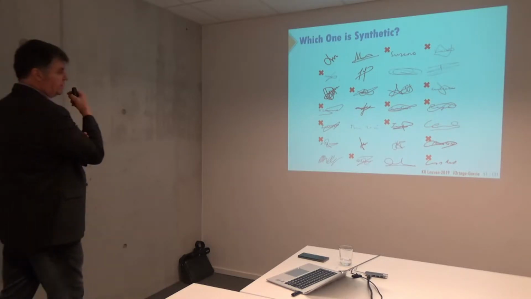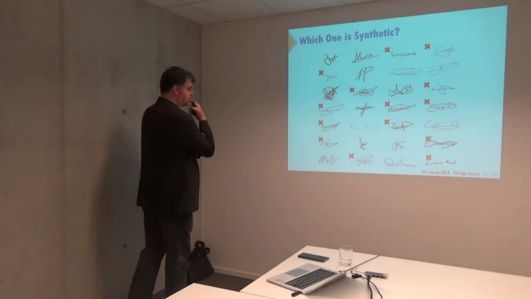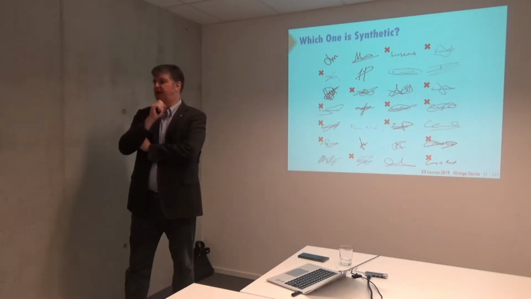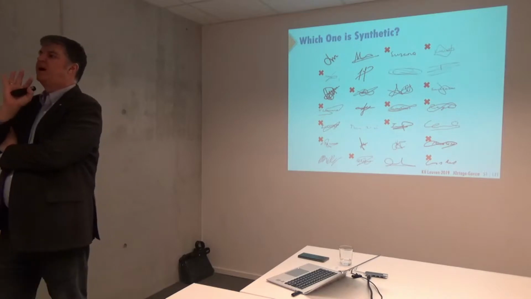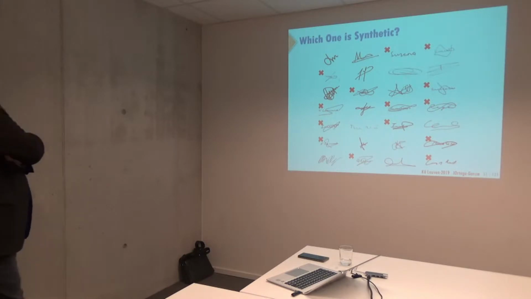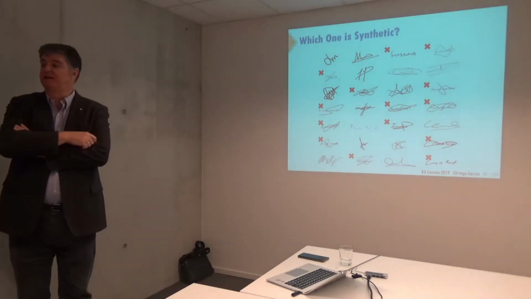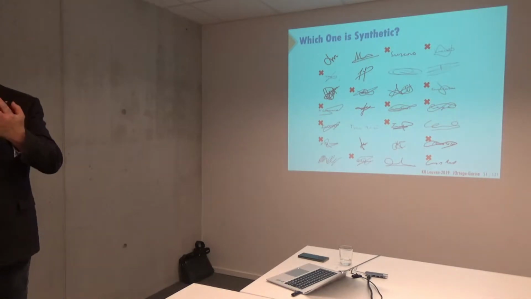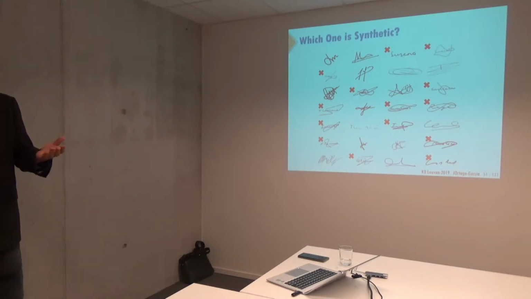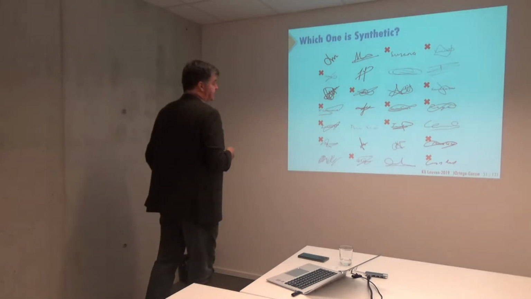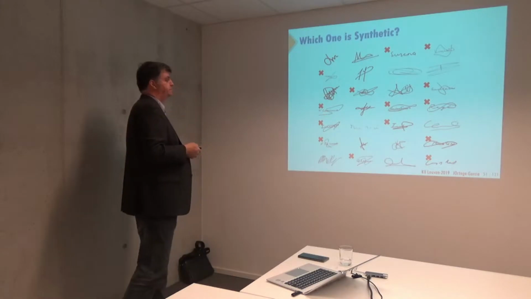All the ones with the red cross are synthetic. It's not that easy to know just by watching which of those is synthetic. Okay? This is very interesting because if synthetic data sets perform like actual data, it's very interesting to produce huge data sets to settle the problem.